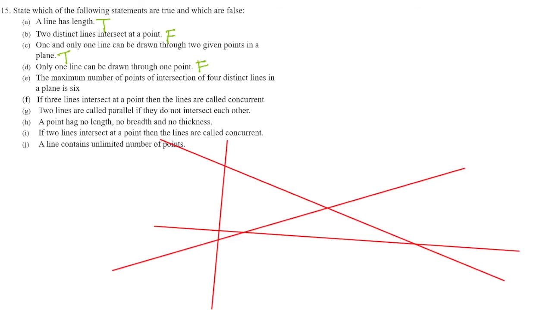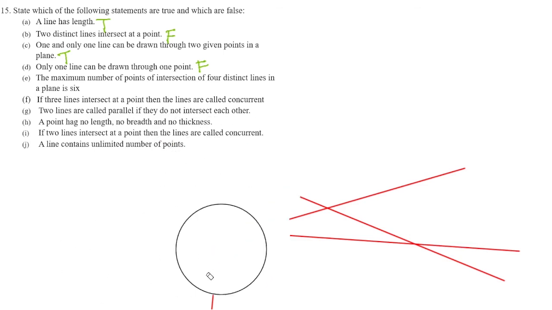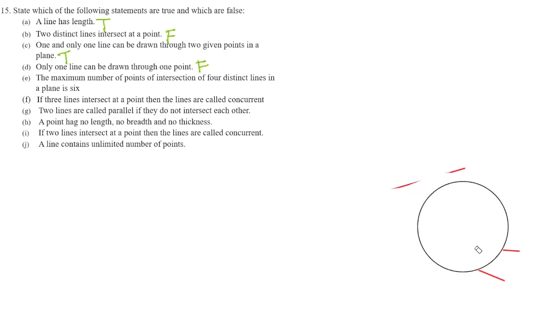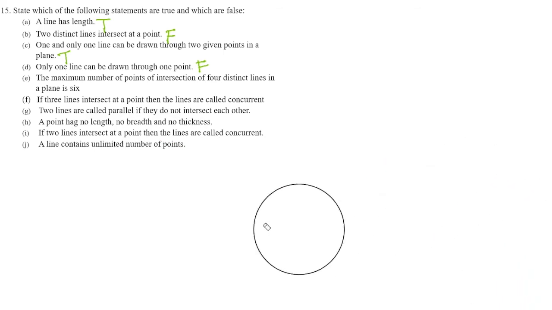Now let's count the intersecting points. 1, 2, 3, 4, 5 and 6. Saw the magic, guys? So it's not necessary that the number of lines is the maximum number of points it will have. It can have more. So this one is true.